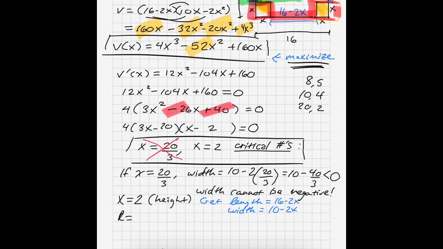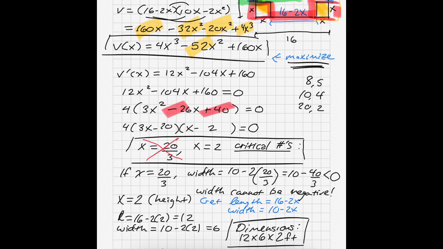The length, 16 minus 2 times 2 is 12. And the width is 10 minus 2 times 2, so 6. So the dimensions, length times width times height, would be 12 by 6 by 2 feet.